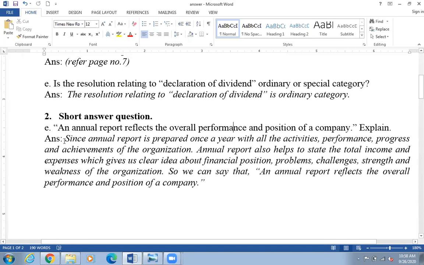Since the annual report is prepared once a year with all the activities, whatever activities are going on in the company, whether financial or performance-based, it is about the progress: whether our company is progressing, and what our achievements are.